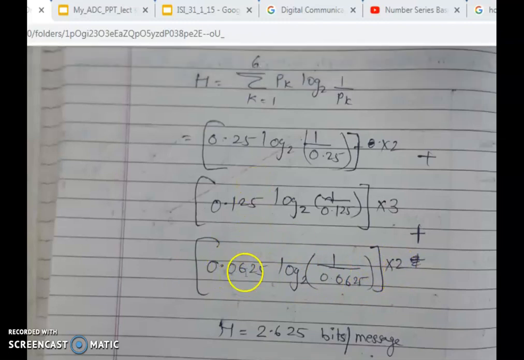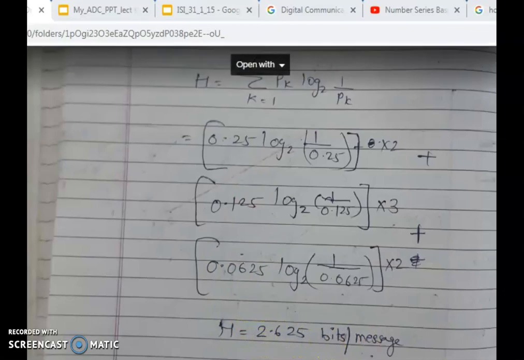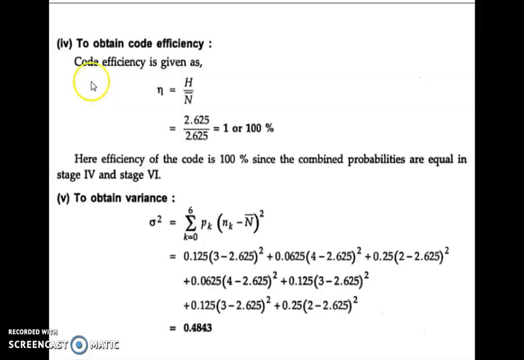When you simplify this, the entropy value comes to 2.625 bits per message. The next parameter we will calculate is code efficiency. The formula for code efficiency is zeta equals entropy upon the average code word length.